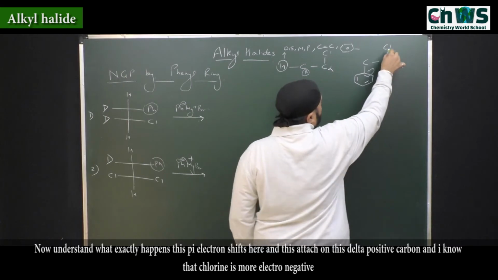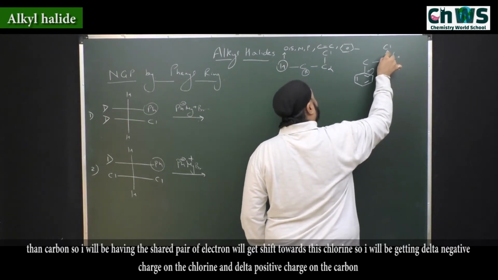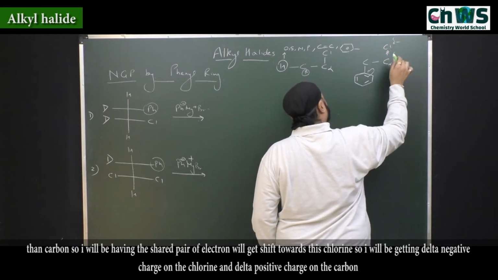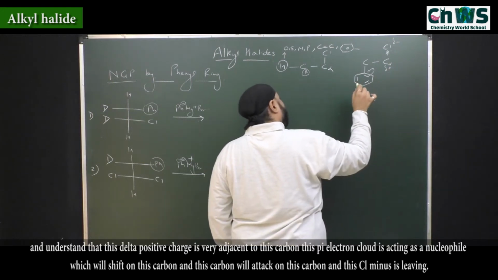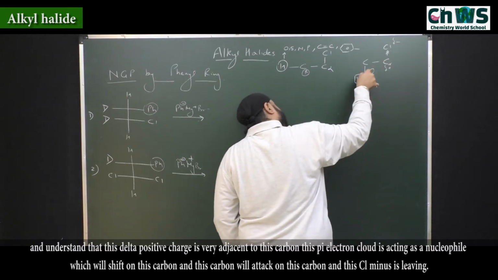I know that chlorine is more electronegative than carbon, so the shared pair of electrons will get shifted towards this chlorine. So I'll be getting delta negative charge on the chlorine and delta positive charge on the carbon. And understand that this delta positive charge is very adjacent to this carbon.